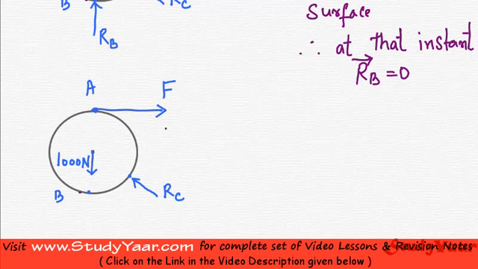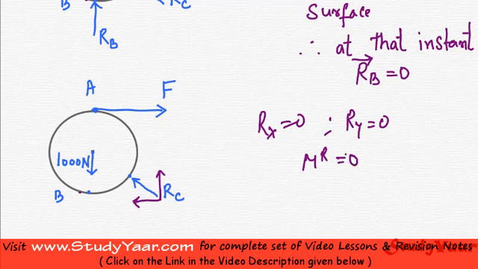Obviously what do I have? I have RCY, RCX, and I have an F. So I have three unknowns. I have three equations: ΣFx equal to 0, ΣFy equal to 0, and ΣM equal to 0. So easily I can find out the F, the RCY and the RCX. Let us find them out.